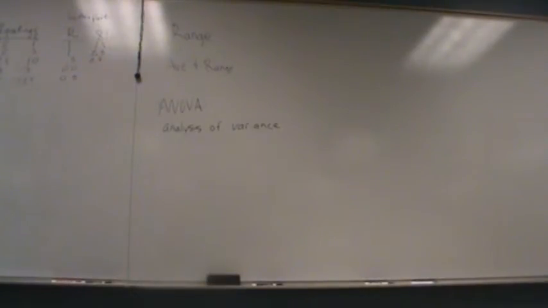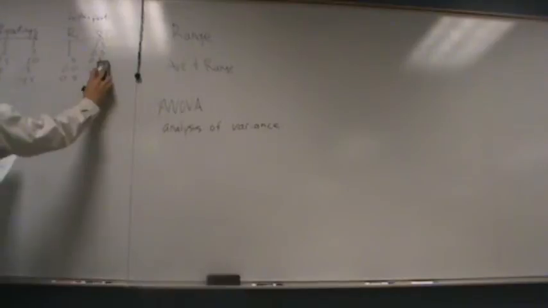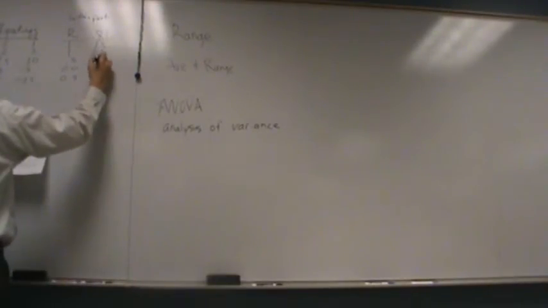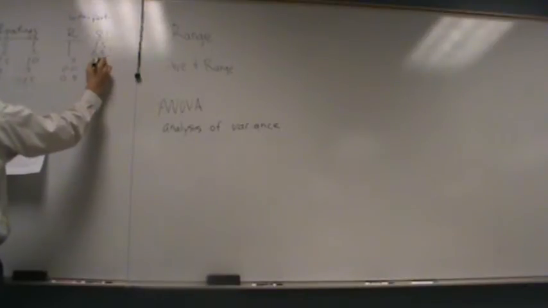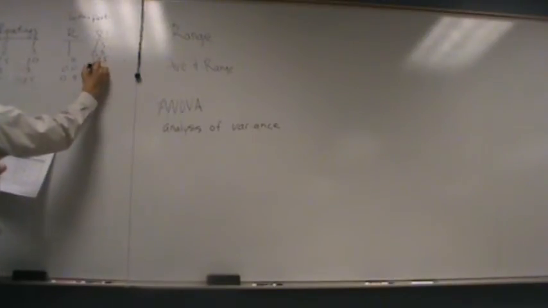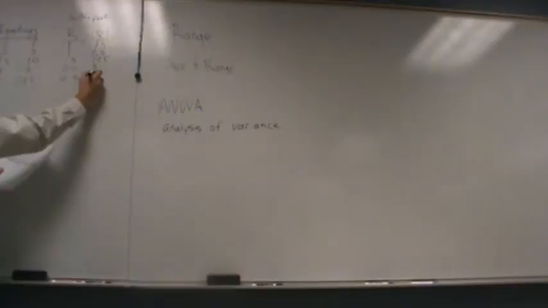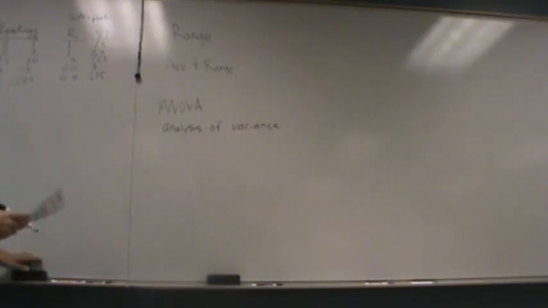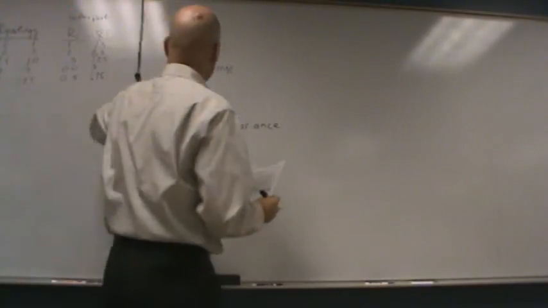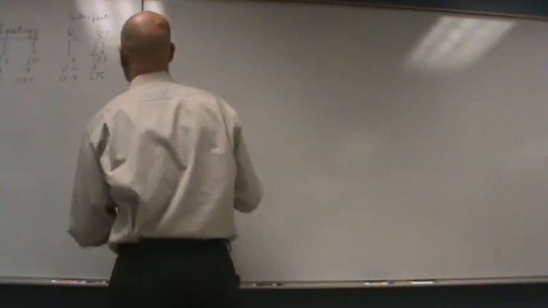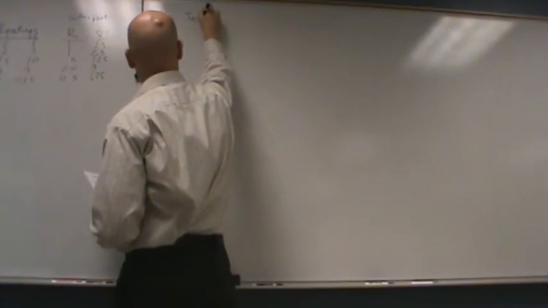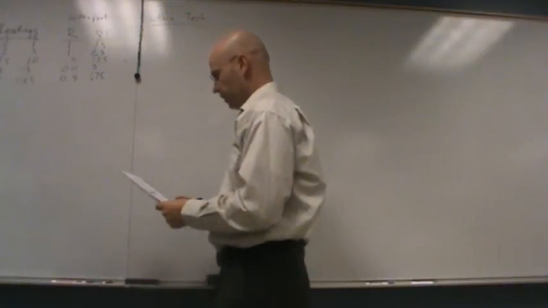Except I'm writing off the wrong column. So the average of 3 and 3 is also 3, and 7 and 5. Then tech.